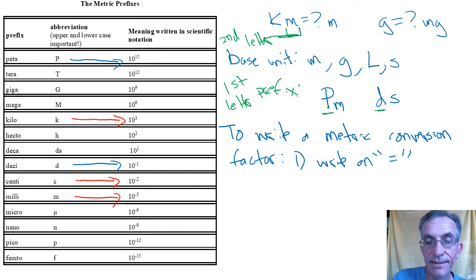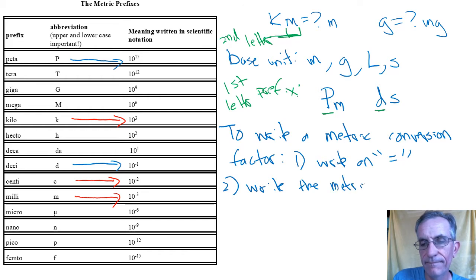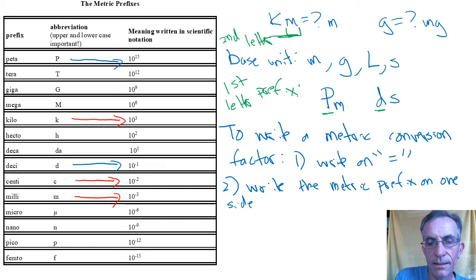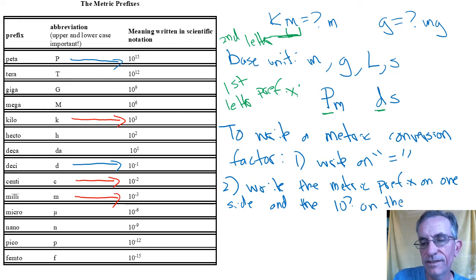And then the second thing you do is you write the metric prefix on one side and the 10 to the whatever on the other side.